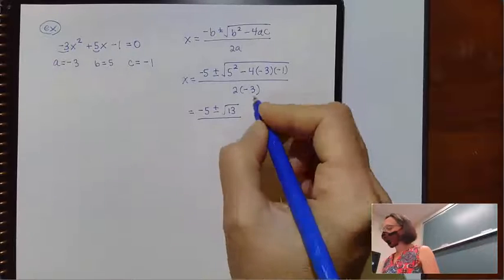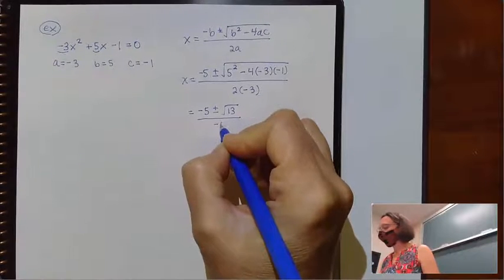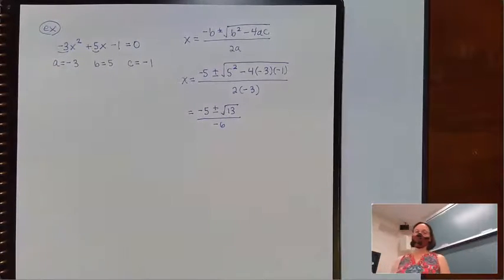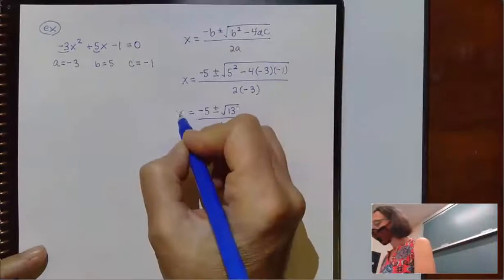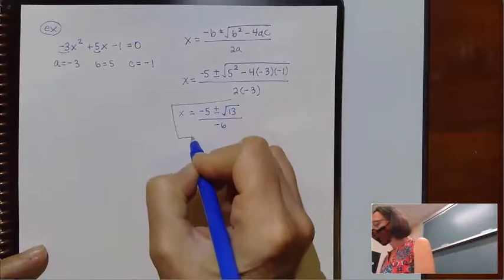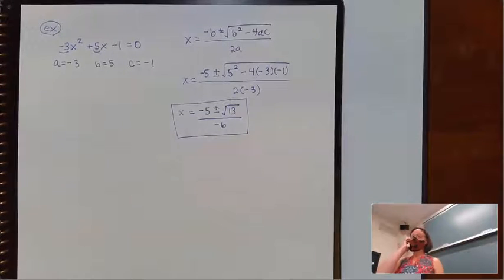And the 2 times -3 is -6. And then we're going to walk away. We did not have a nice thing under the square root. So we're just going to quit right there. If the number under the square root is not a perfect square, the thing didn't factor. So that was definitely our best option.